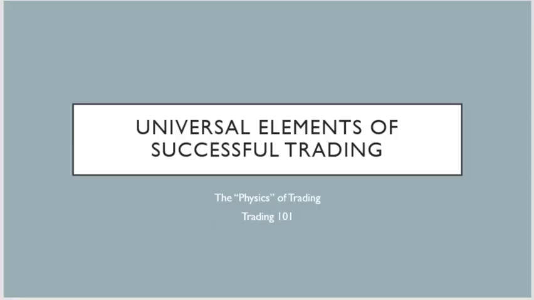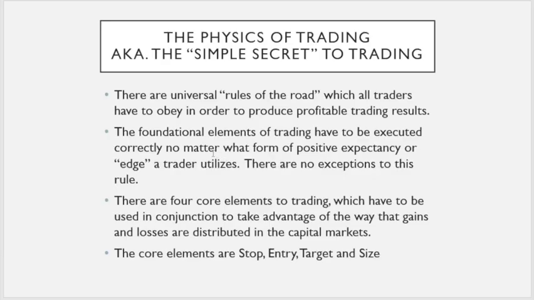All right, so that's going to boil down to some of the basic elements of trade structure, which are stops, targets, sizing, and edge. These are universal rules of the road.